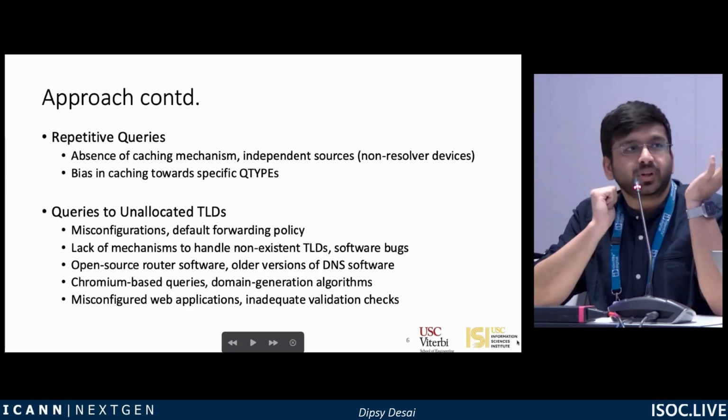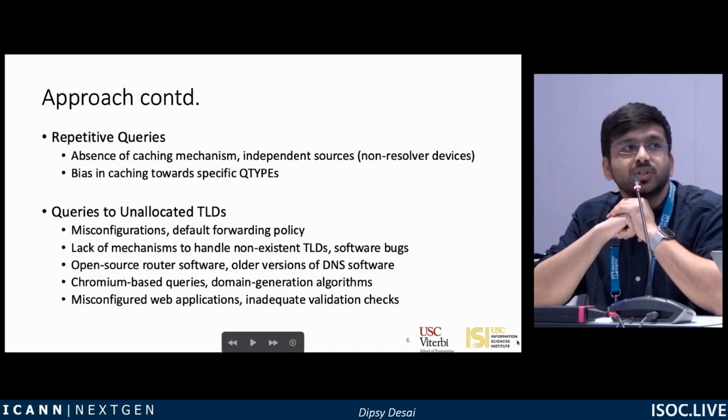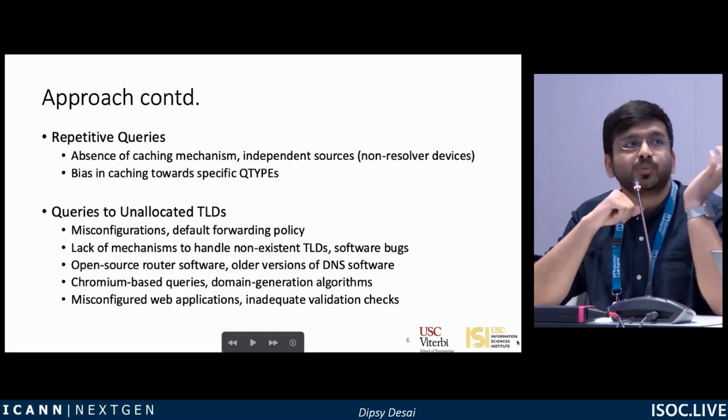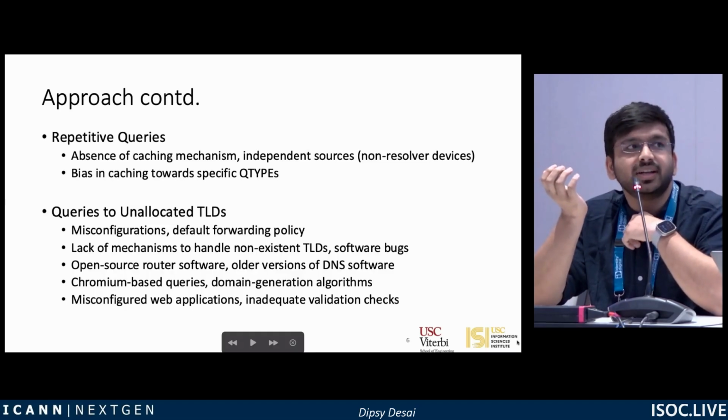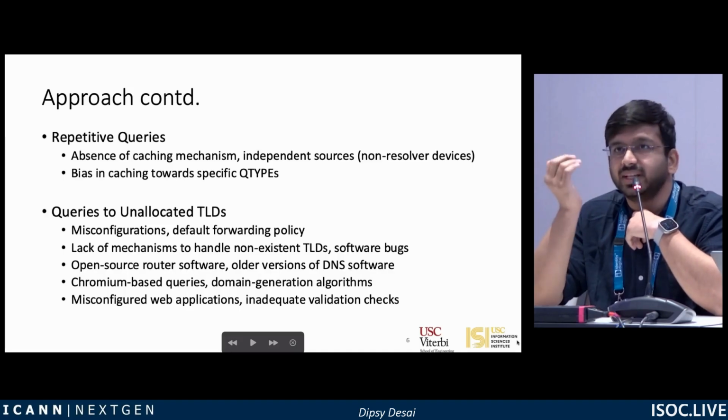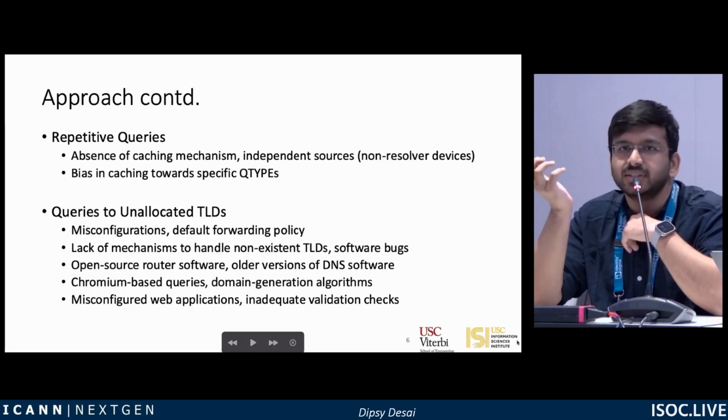I've listed potential reasons that are the causes for all unwanted queries that come to the root server. The most common ones are misconfigurations or default forwarding policy for public DNS resolvers. One interesting thing that we find, which previous research has also pointed out, is Chromium-based queries. So any users with Chromium browsers installed on their devices, when they try to access the internet, Chromium sends out 3 randomly generated queries to root servers to detect the presence of captive portals.